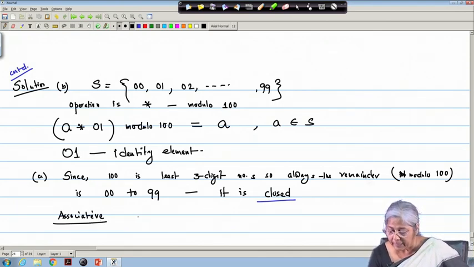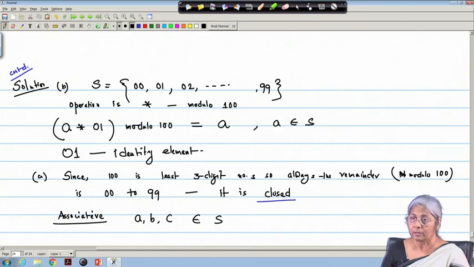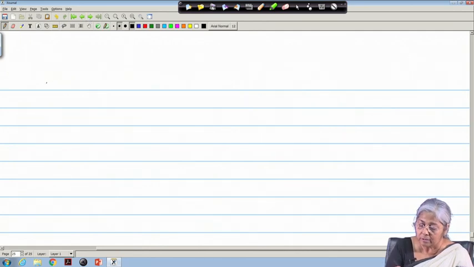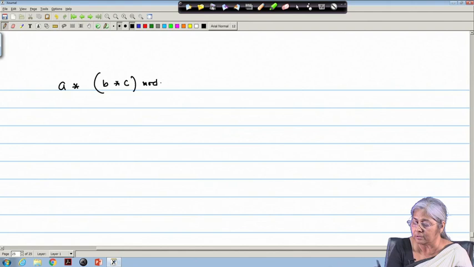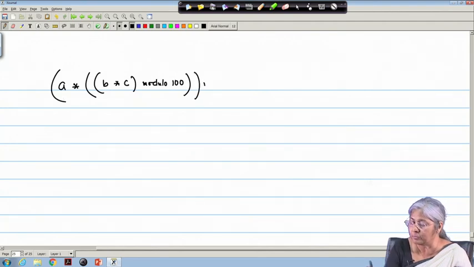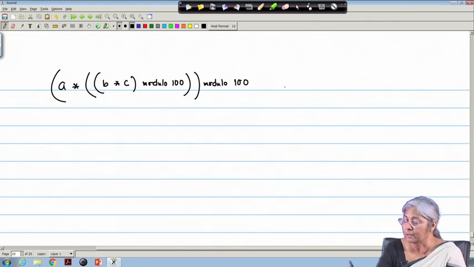So, if we consider 3 elements A, B, C of 2-digit numbers belonging to S. Now, since it is closed, if I consider first A star (B star C) modulo 100, that means I am first multiplying B and C, and all my A, B, C are 2-digit numbers.